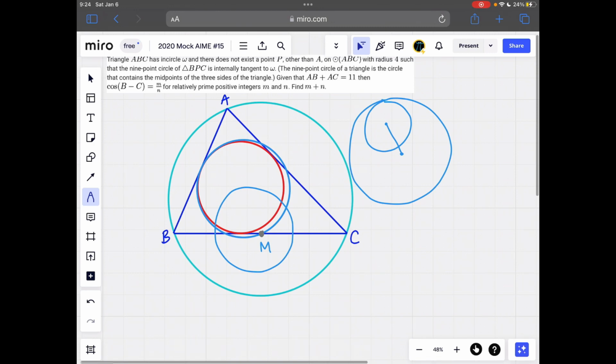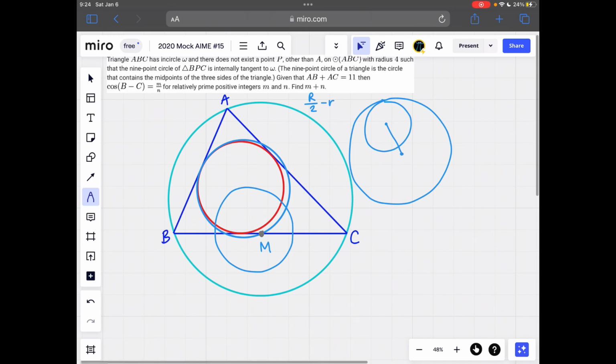So the center of that 9-point circle of triangle BPC needs to be exactly that distance away, which in terms of the circumradius is big R over 2, and the radius of the incircle, which is little r. If the 9-point circle and incircle are internally tangent, then the distance between their centers is big R over 2 minus little r. That's the difference of their radii.